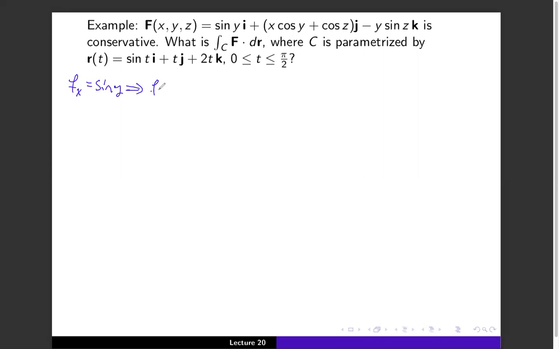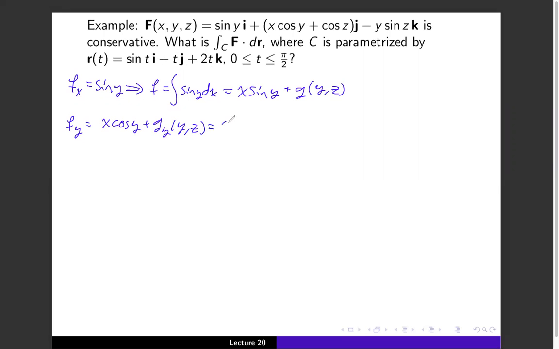That tells us that f is the integral of sine y dx, which means in this case that we're dealing with x sine y plus some function g of y and z. f_y is x cosine y plus g_y of y, z.